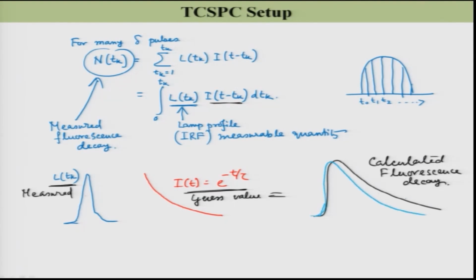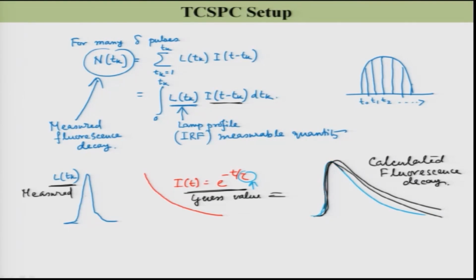So, then after you calculate, you compare with the measured one. If they are the same, no, they are not the same. So, you change the guess value to a different value. Then again you convolve with this according to this equation. Then you will come like this, still it is different.